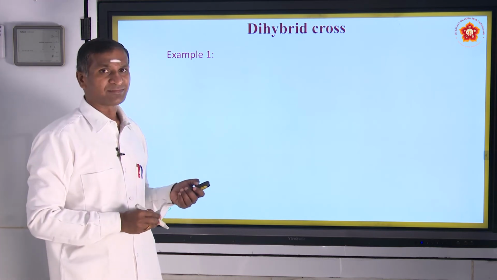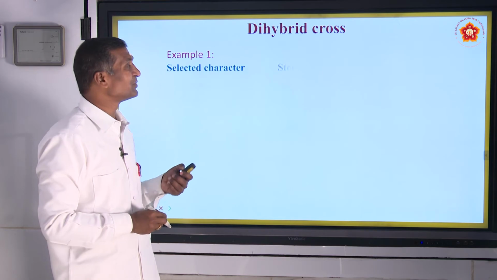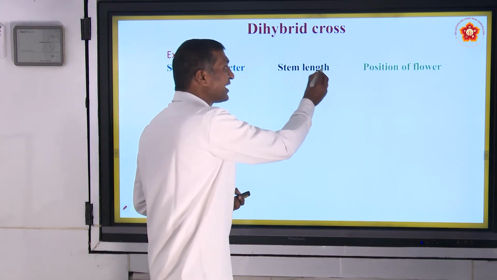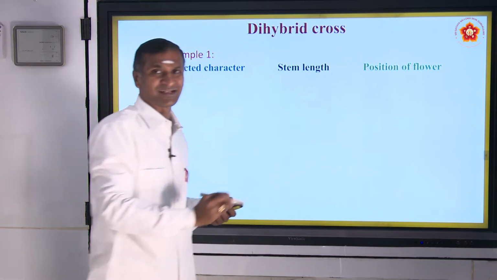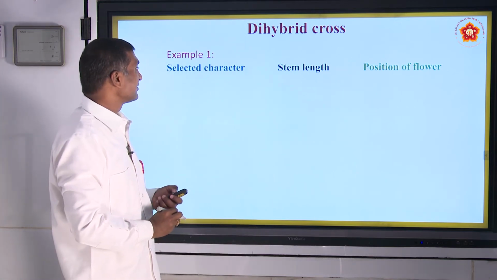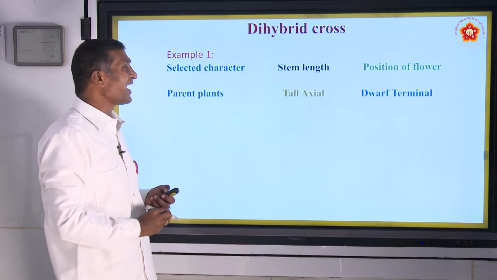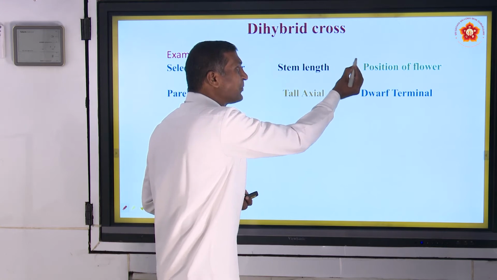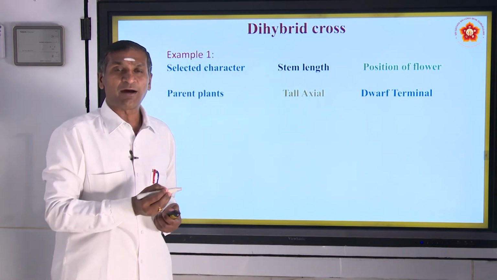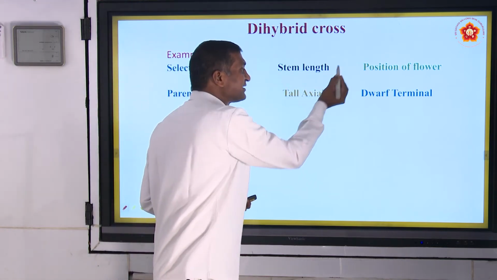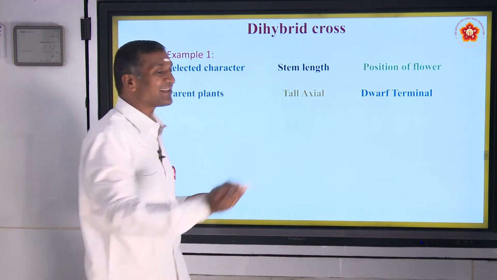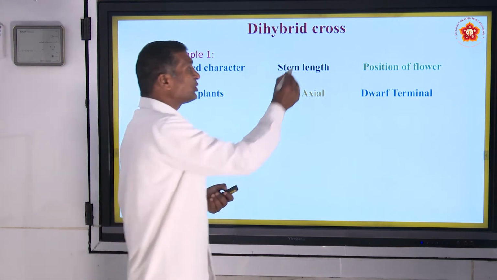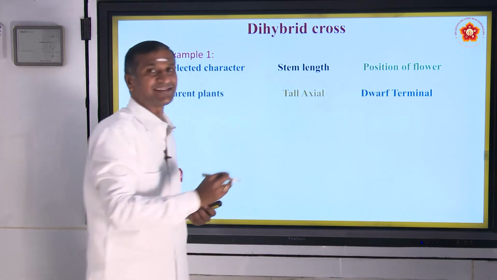Example 1. How many characters? 2 characters. So, selected characters, stem length, position of flower. Parent plants, dominant characters of dominant plants of the 2 characters written on one side, recessive plants of the 2 characters are written on the another side.